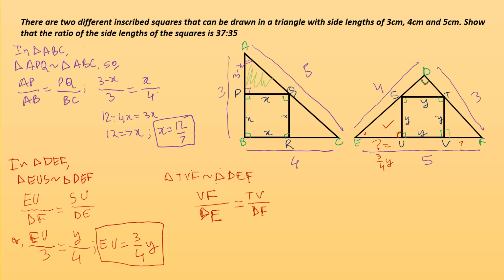So VF remains as it is, and DE is 4, equals Y out of 3, since TV is Y and DF is 3. So I get VF equals 4/3 Y. So this is 4/3 Y.